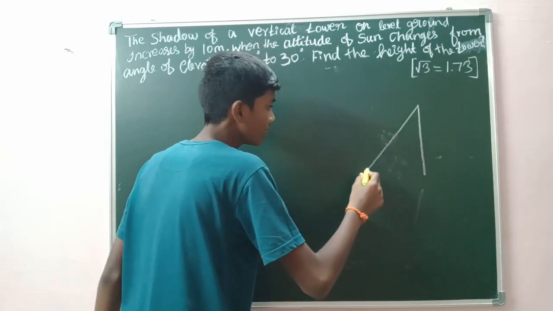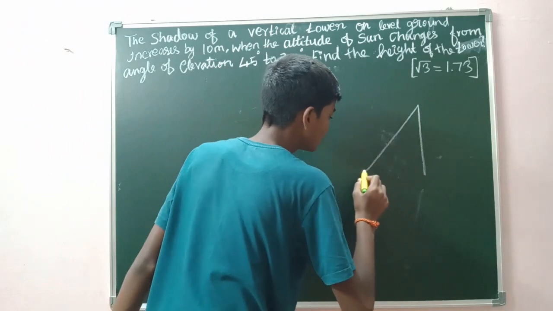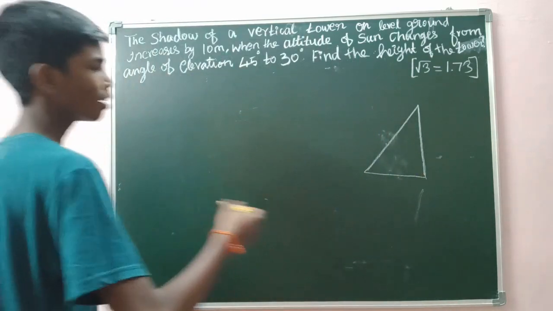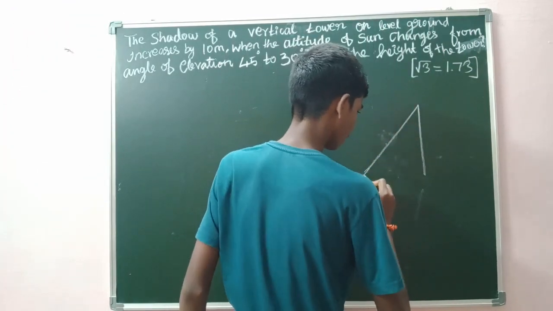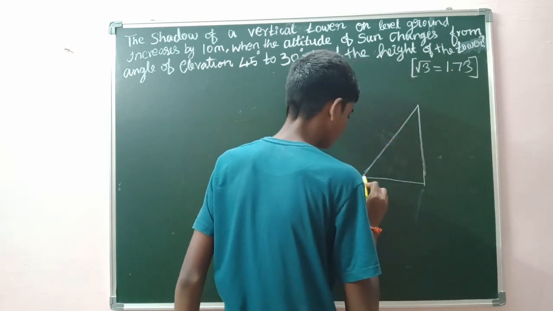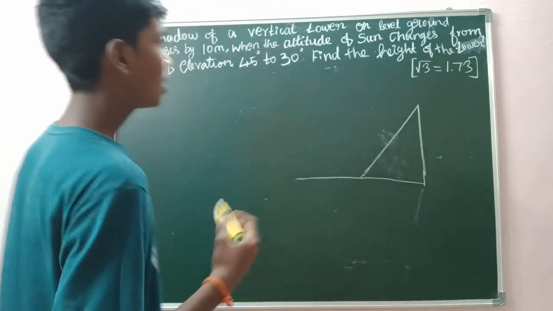This is the tower and initially the shadow was like this, such that this is the level ground. Wait, 1 second, I will draw it straight. So this is the tower, this is the level ground which we are having.